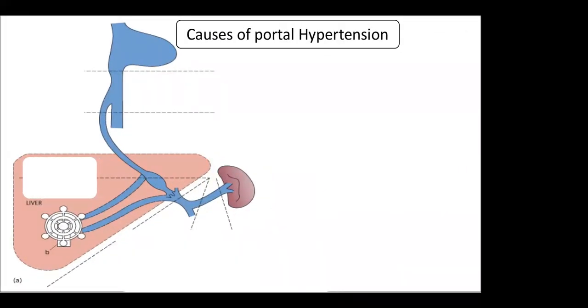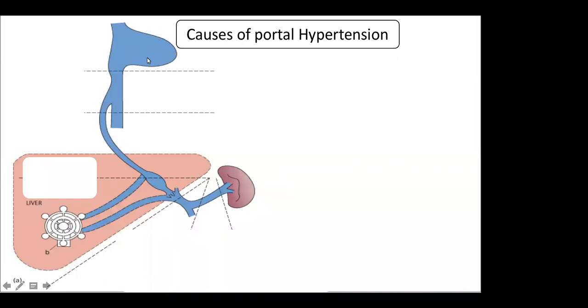In general, the causes of portal hypertension, if you just look at this diagram, consider this is the spleen, and this is the splenic vein, and this is the portal vein, and this is the liver with the sinusoids inside, and this is the hepatic vein, this is the inferior vena cava, and this is the heart.